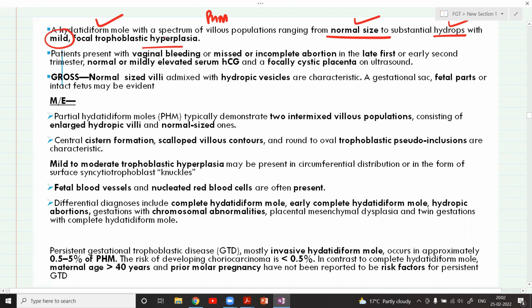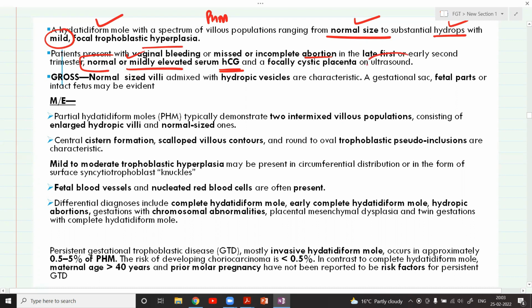As I told you, for all forms of gestational disease, the patient presents with non-specific vaginal bleeding, miscarriage or incomplete abortion. A very important point of difference from complete mole is that the hCG level is more or less normal, or just mildly elevated, not markedly elevated as we see in complete hydatidiform mole.